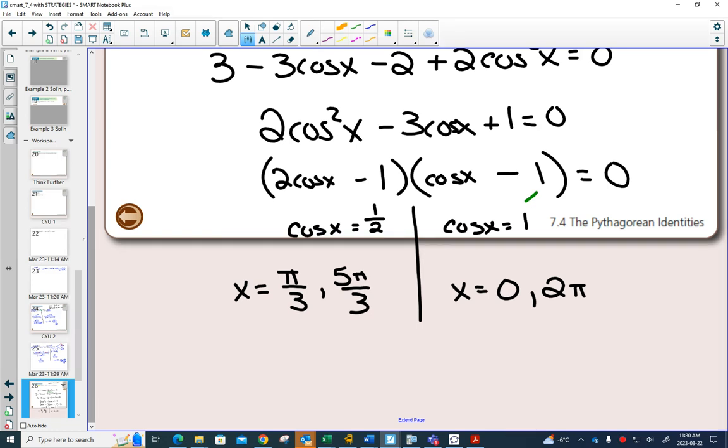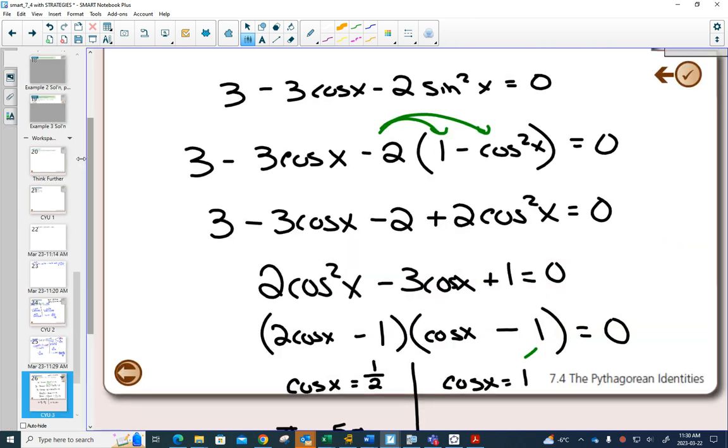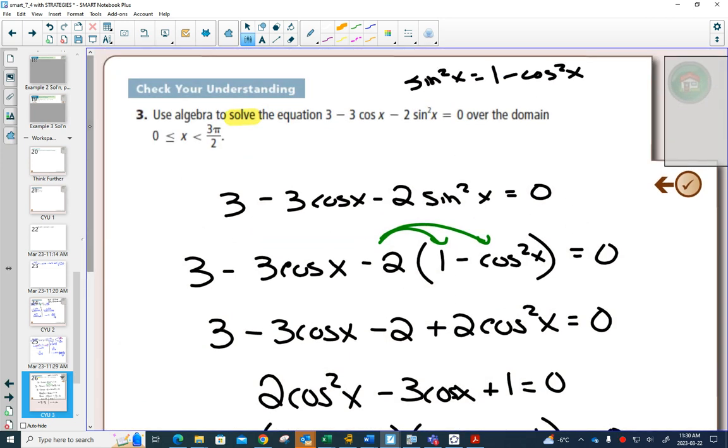When we're done, we should always go back to the original question and read the domain. I didn't do that in the last question, but I remembered it was 0 to 2 pi. The last one didn't matter. But this one, when I go back up and look, the domain is just 0 to 3 pi over 2.